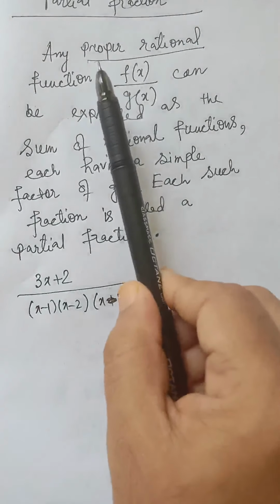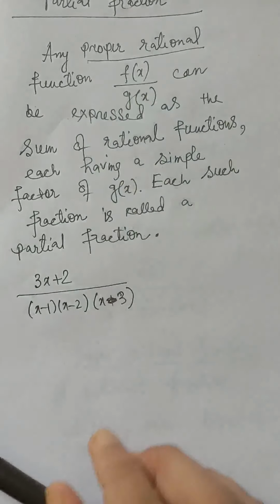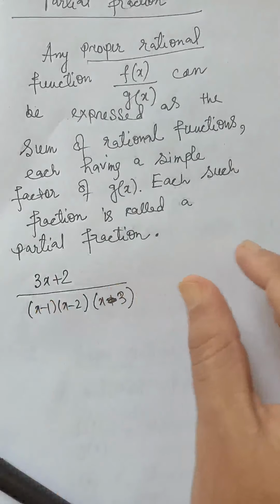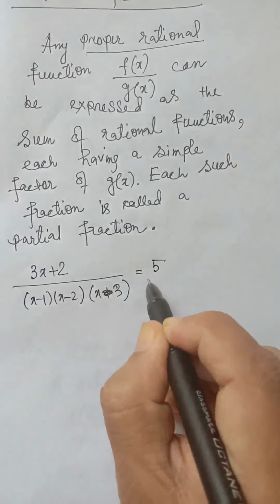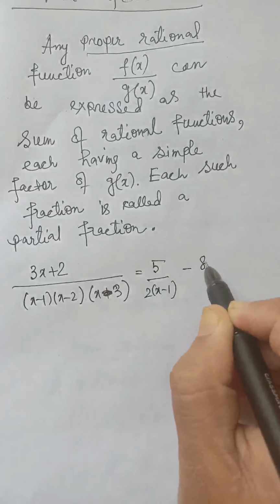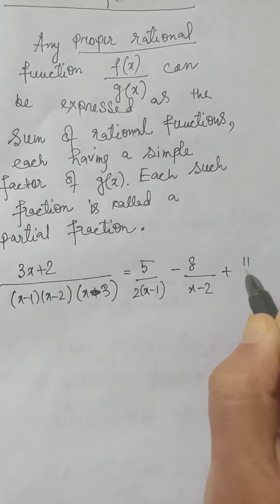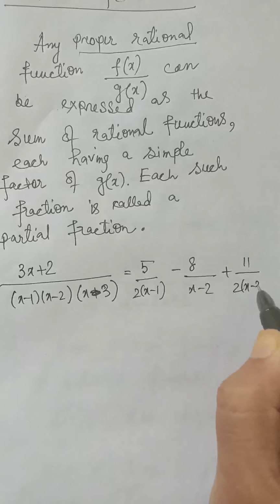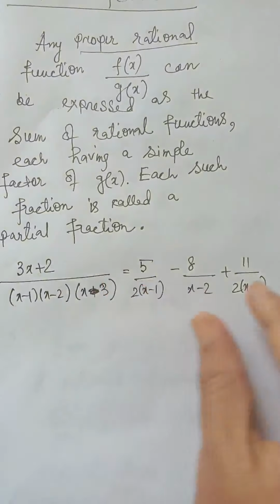Remember, only a proper rational function can be resolved into partial fractions. Now this equals 5 by 2(x - 1) minus 8 by (x - 2) plus 11 by 2(x - 3). I will show the process of how we can express this in this way.